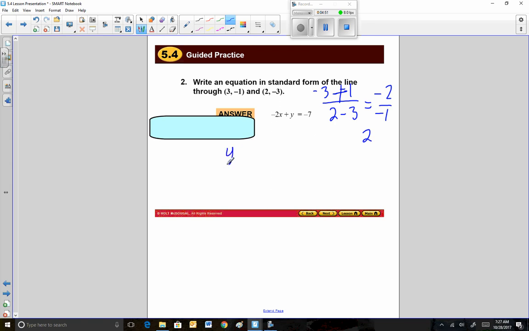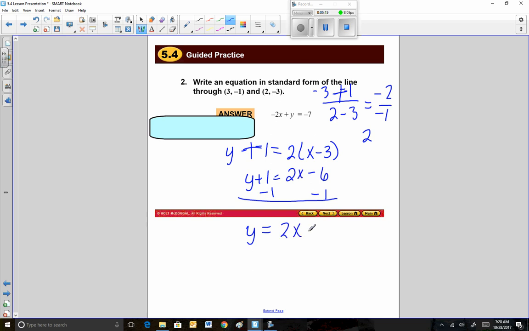So y minus negative 1 equals, I'm using the first point, and I have a slope of 2, and x minus 3 on this side. So this becomes a big plus sign. And we're going to go ahead and distribute 2 times x: 2x, 2 times negative 3 is negative 6. And we have y plus 1 equals that. Subtract 1, subtract 1. y equals 2x minus 7.